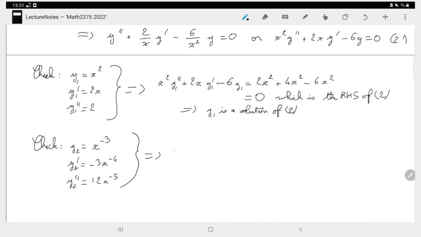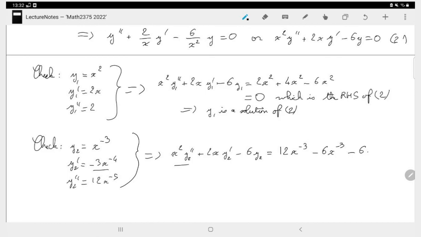So if I plug y2 into my equation, I get x squared y2 double prime plus 2x y2 prime minus 6 y2, and that's equal to, so the first term is multiplied by x squared, so I get 12x to the minus 3, plus 2x times, there's going to be a minus sign here, so that's minus 6x to the minus 3, and minus 6x to the minus 3.